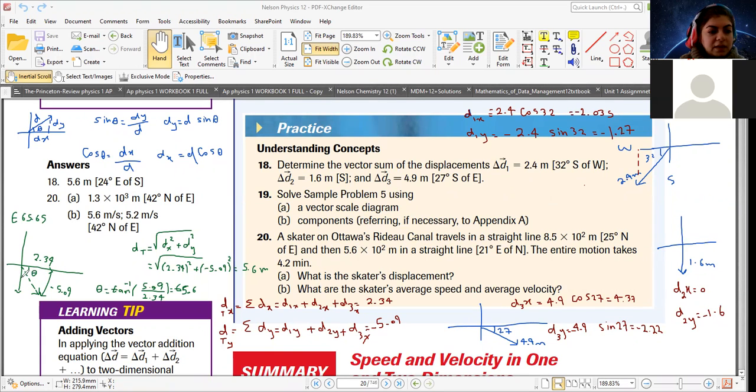If this is 65, this is going to be 24. Or you can say it as the answer is here: 24 east of south, which means you go to south, then 24 degrees to the east. Both methods are good. Make sure for displacement, as for velocity, you mention the magnitude, which is 5.6, and the direction.